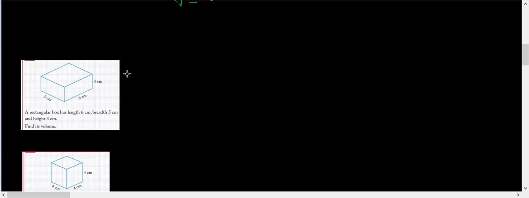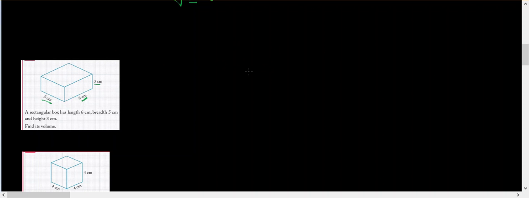Okay, so let's have a look at a couple of types of questions that you could be asked that relate to this topic. Here we have a rectangular box with length 6 centimeters, breadth 5 centimeters, and height 3 centimeters. You've been asked to find the volume.